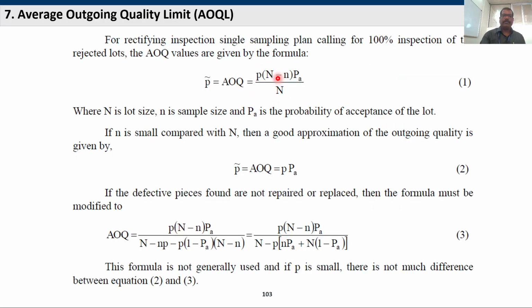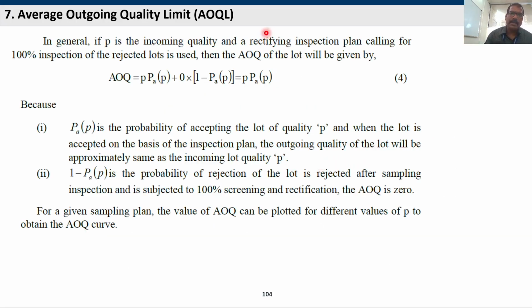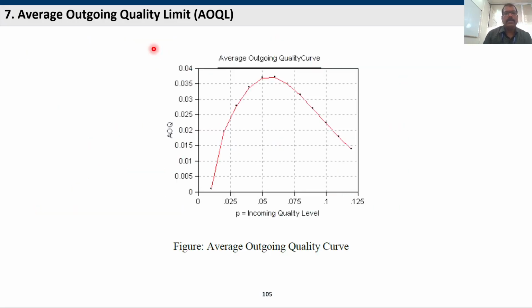This one. Before that, if you have n number, it is P into PA. Okay, so here there is a possibility of rejection, but here the rejection rate is not there. So you do 100 percent inspection through your rectification inspection plan. Okay, so this is your relationship for your average outgoing quality limit.